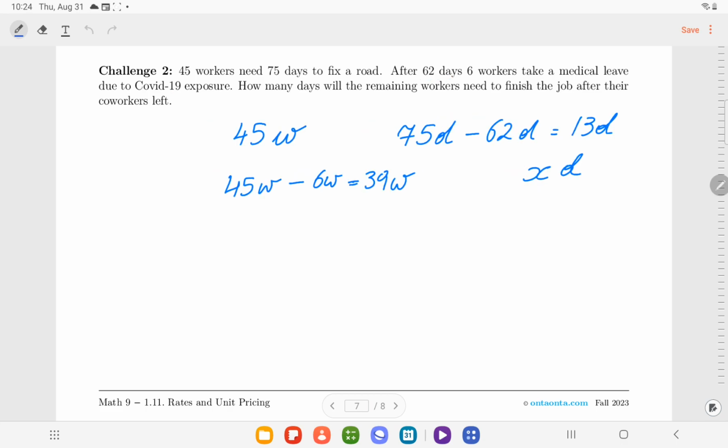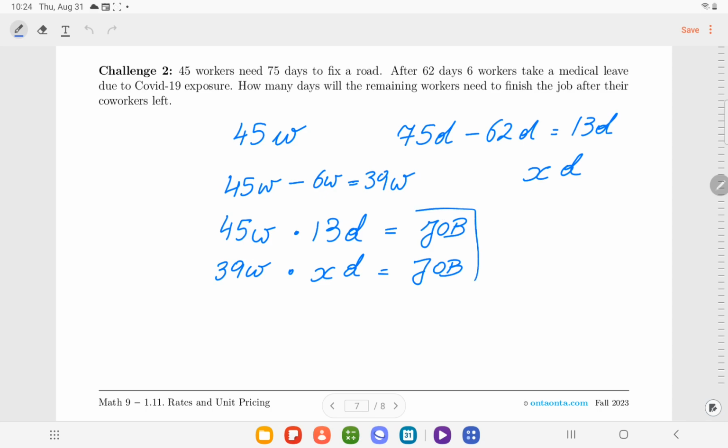We have 45 workers who need 13 days to finish a job. Now, if we only have 39 workers, how many days will they need to finish the same job?